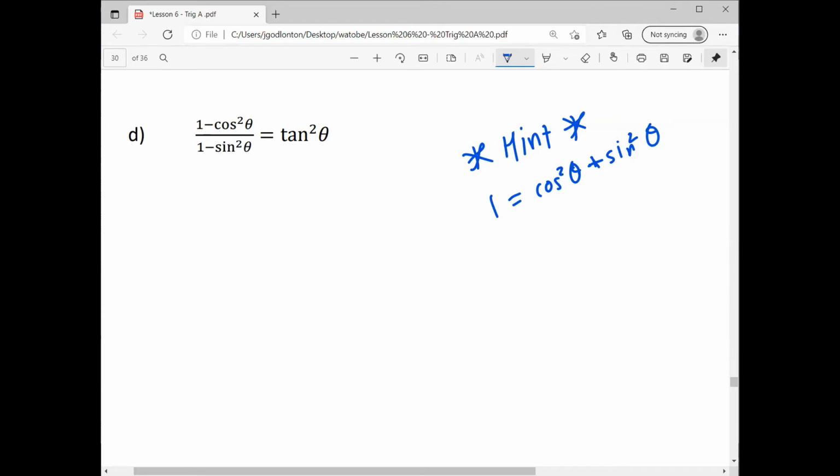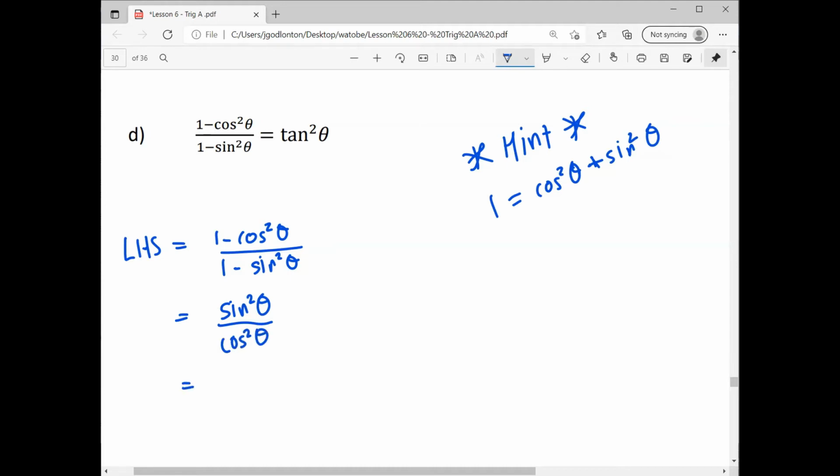Ma'am? Yes. Can I try? Yes, please do. Okay, so we got 1 minus cos squared theta over 1 minus sine squared theta, right? So we will transform our 1 minus cos squared theta to sine squared theta, and then over cos squared theta.